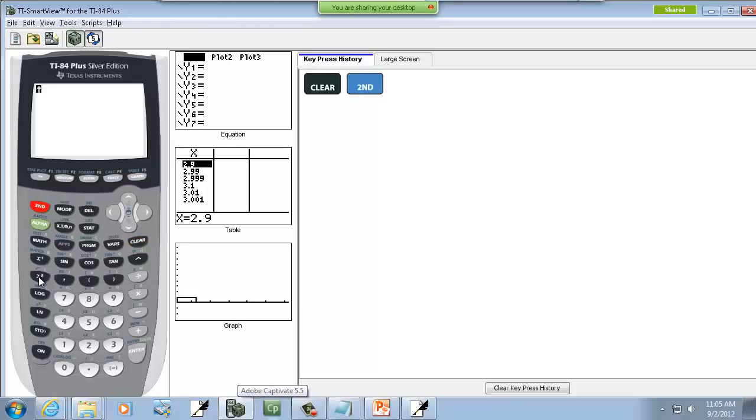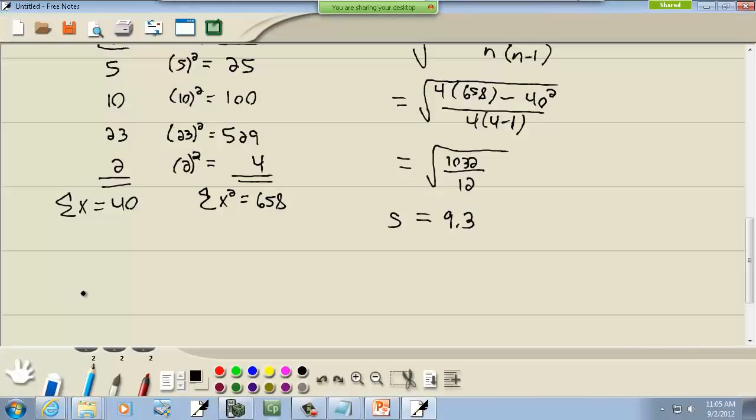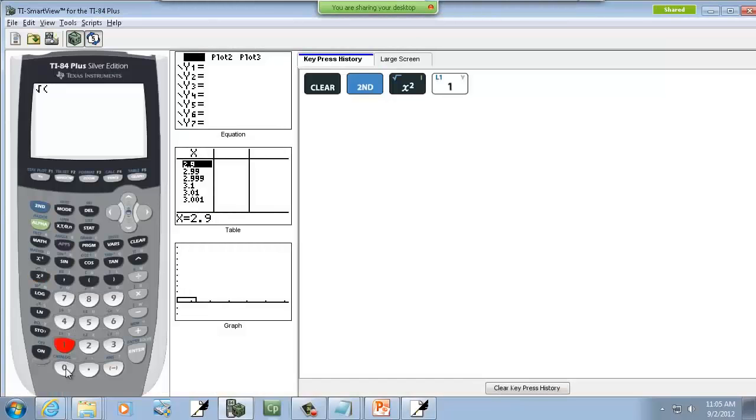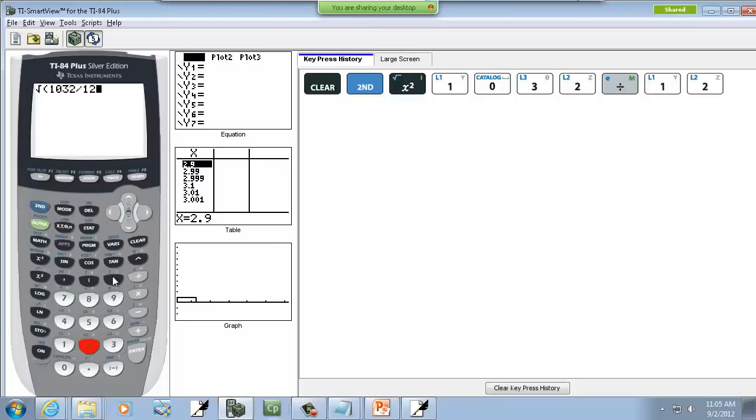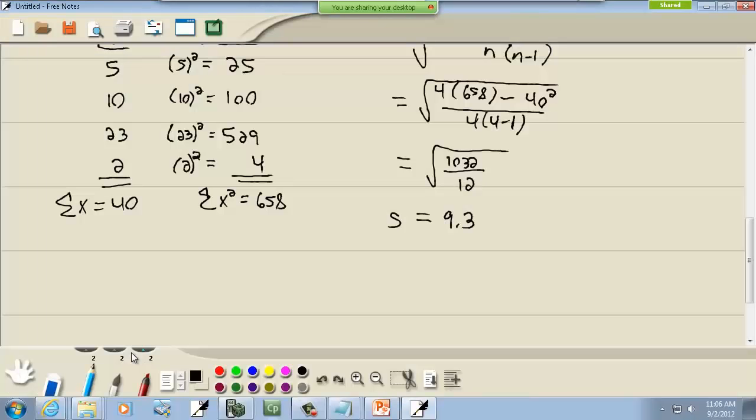Okay, so I've just done the square root of 1032 divided by 12. You can put a closing parentheses at the very end if you want, don't have to. And we get this. We immediately press the x squared and press enter, and that would tell us our variance is 86.